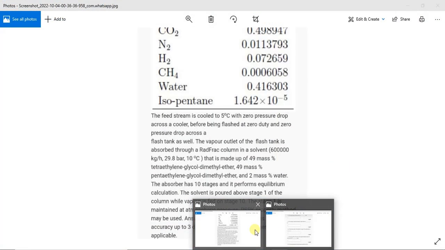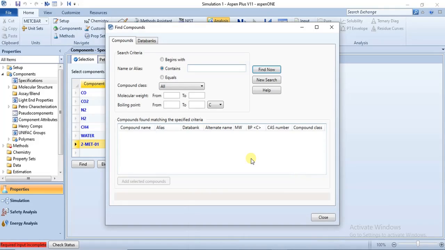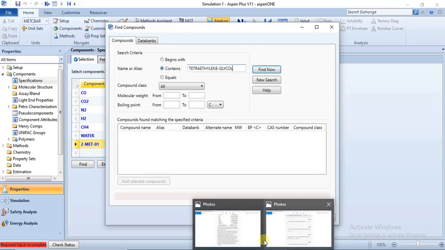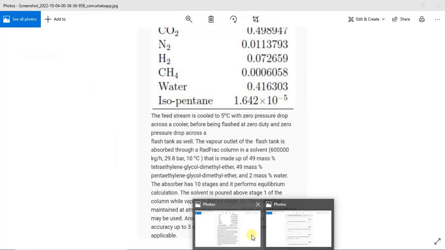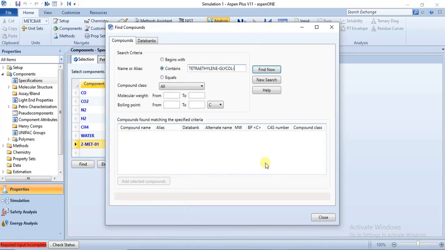First one is tetraethylene glycol. I will just type the full name: tetraethylene glycol dimethyl ether.